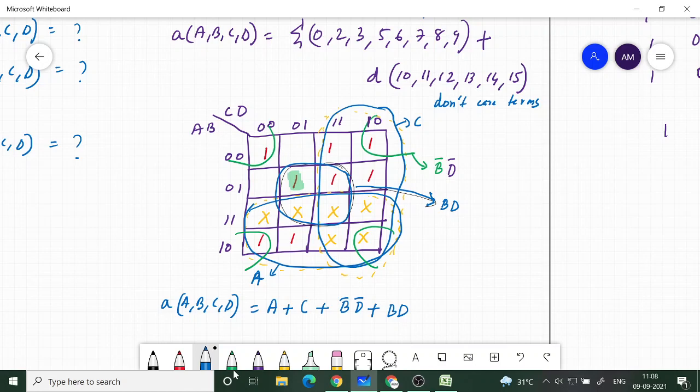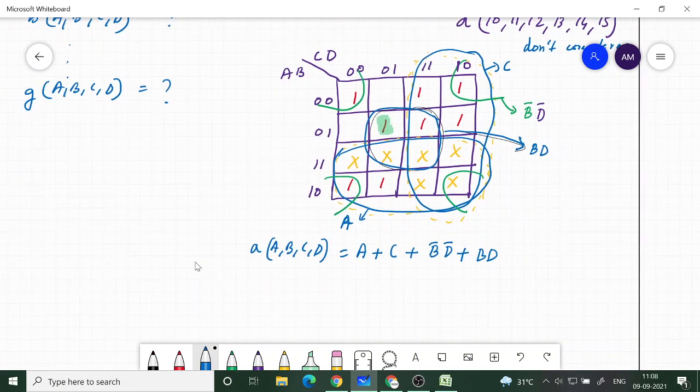Then see whether any other similar sized group you can make it part of. If not, then it is an essential prime implicant. So a prime implicant will have the biggest group possible to cover that particular element, and if that is the only biggest group that can cover that one, then it is an essential prime implicant. So the function finally what we get is A plus C plus B bar D bar plus BD. And this is XNOR operation.